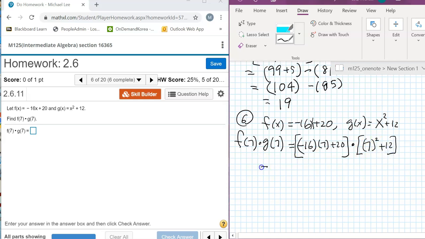So the first part is negative 112 plus 20, okay, times 49 plus 12. So this is negative 92 times 61.